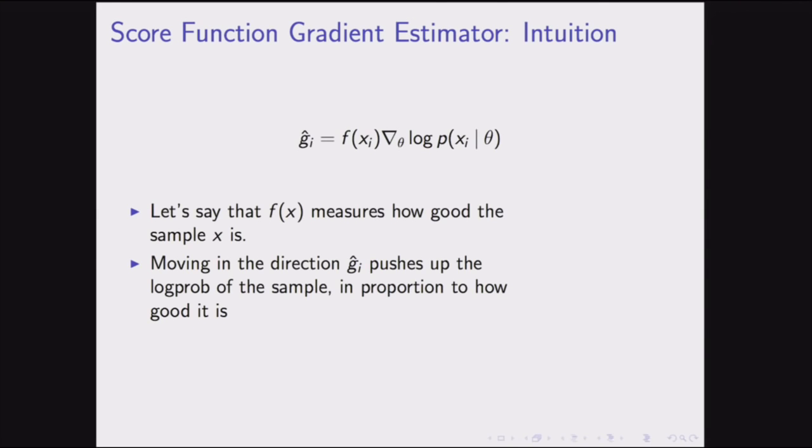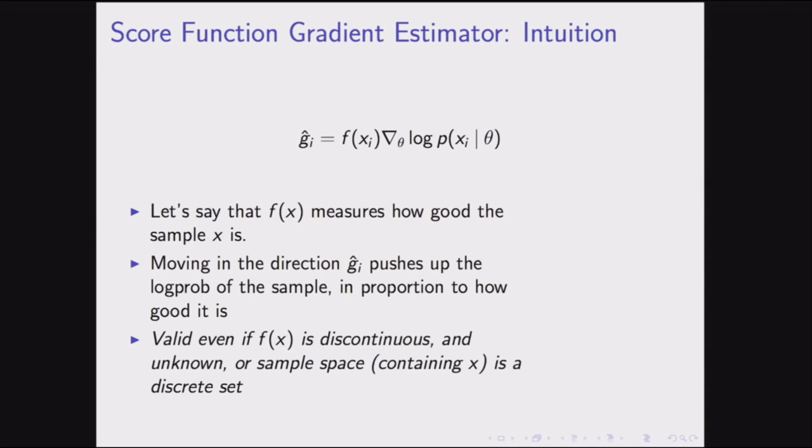If we move in direction g hat, that pushes up the log probability of our sample x sub i in proportion to how good it is. So if we got a really good function value, then we're going to try to push up its log probability a lot. And if it was a bad function value, then we're not going to try to push it up very much. So it's pretty simple intuition.